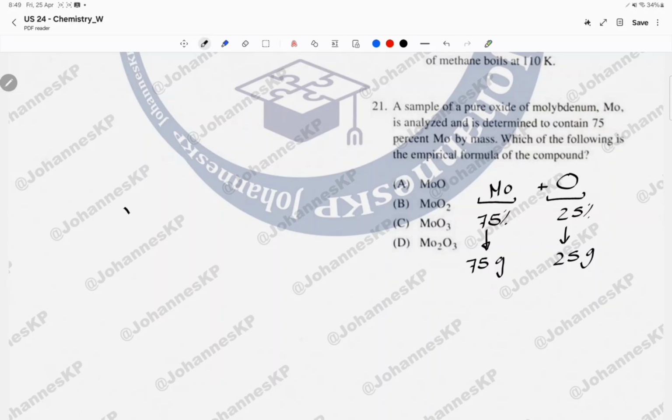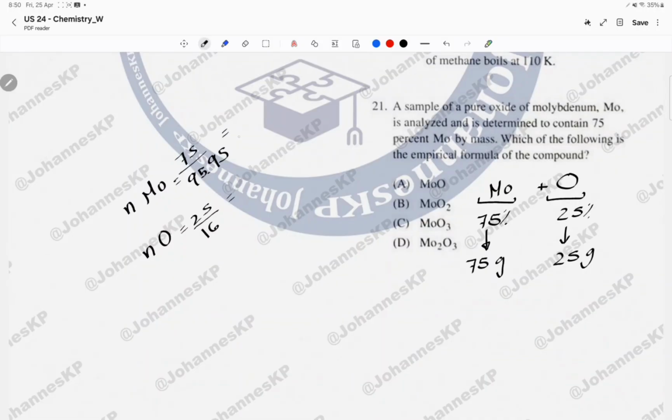Now it's time to find the moles of the Mo and also find the moles of the O. So divide the 75 by the molar mass of the Mo, which in the periodic table would be 95.95. O is going to be 25 over 16.